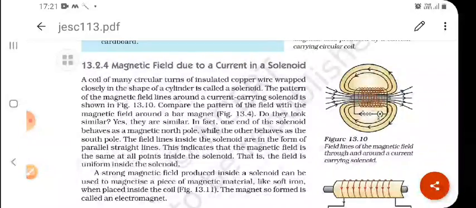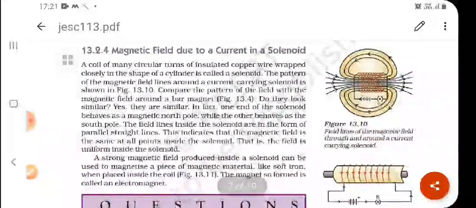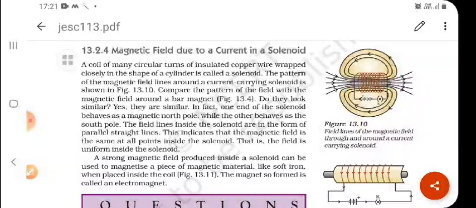Now you can compare the field with the magnetic field around a bar magnet. They are similar. One end of the solenoid behaves as the magnetic north pole, and the other behaves as the south pole. Like the bar magnet, the solenoid also has one north and one south pole.